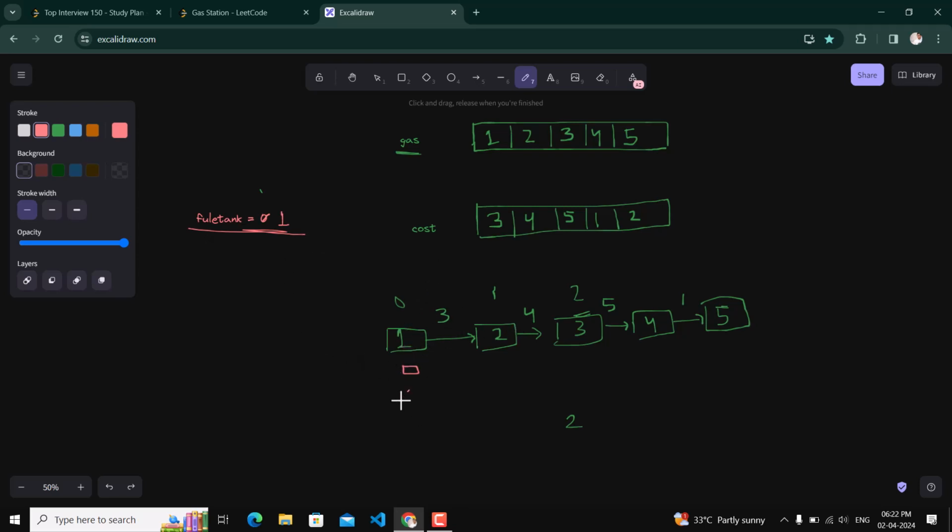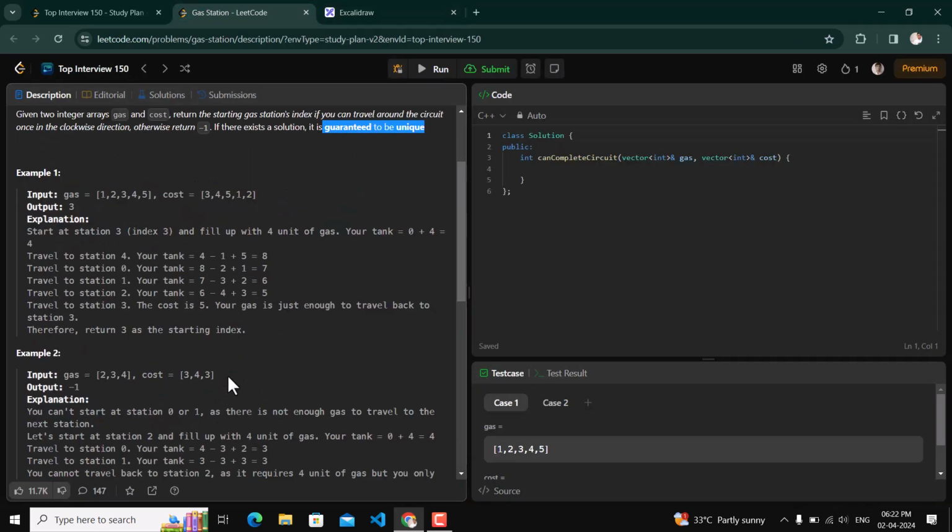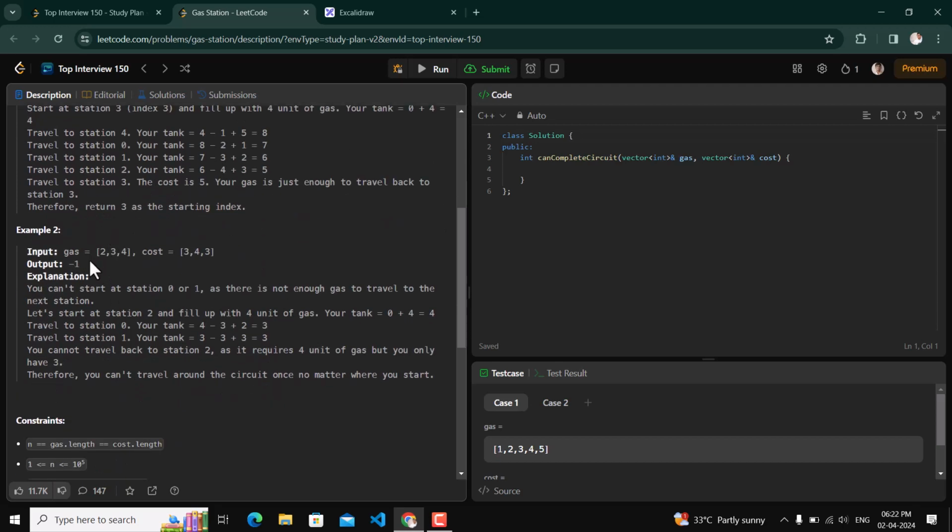So this is not the solution, index 1. And one more case: consider this case, where the gas we can refill in our tank is 2, 3 and 6, and the cost for travel is 3, 4, 3.